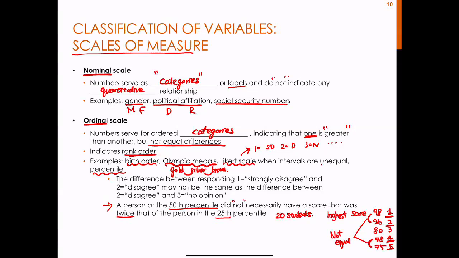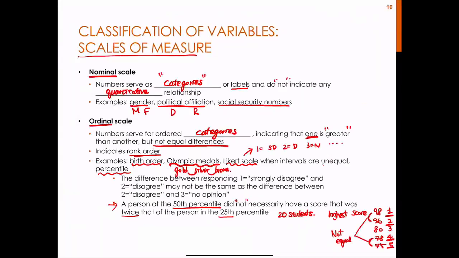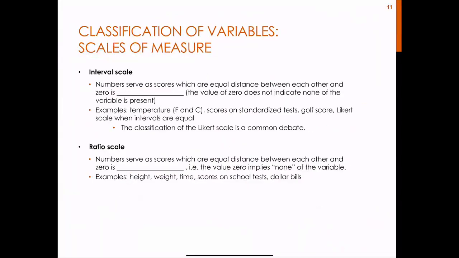And we have 2 more. The third one is the interval scale. So we now have numbers, and these numbers serve as scores which are equal distance from each other, and 0 is arbitrary.